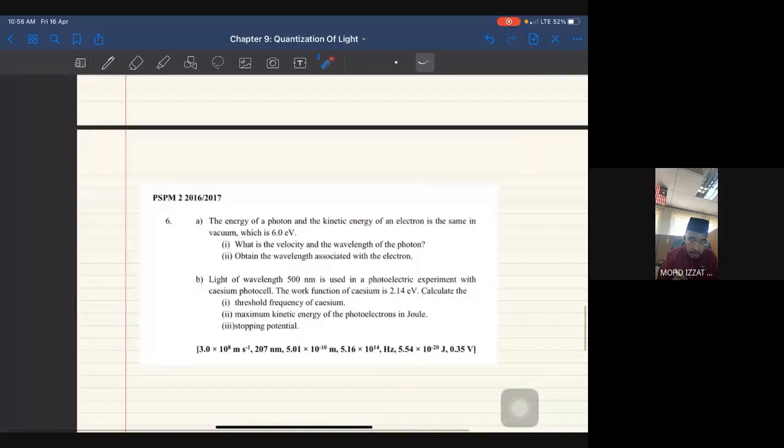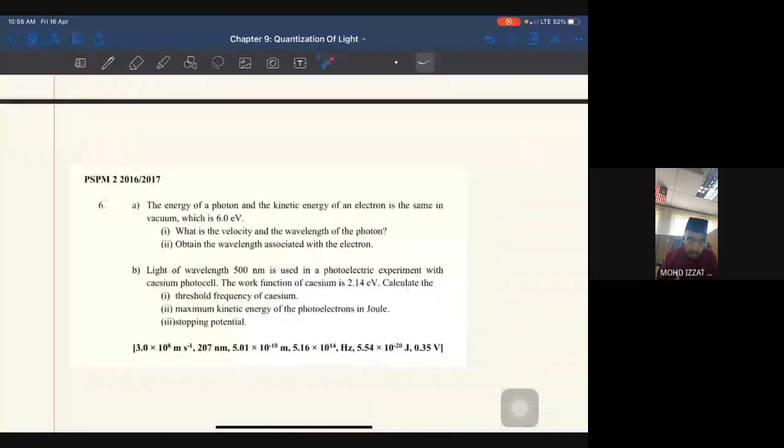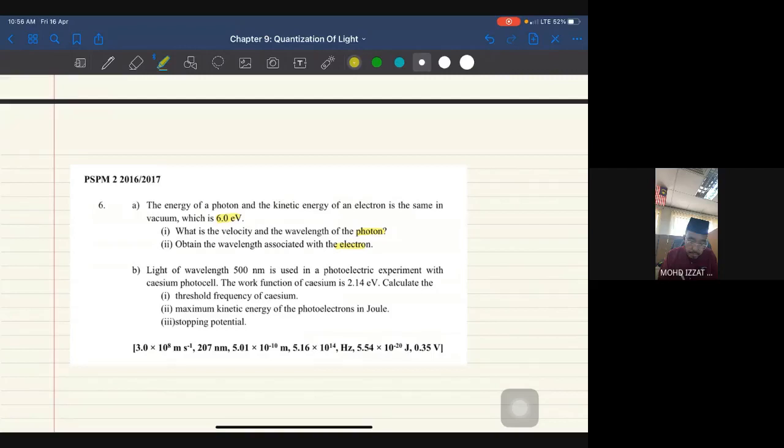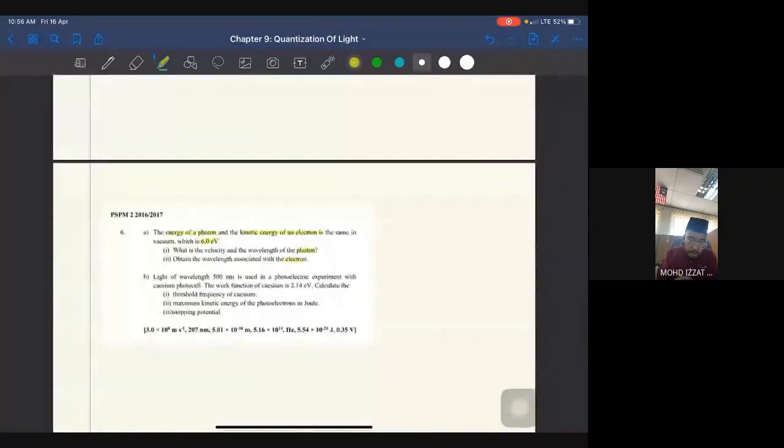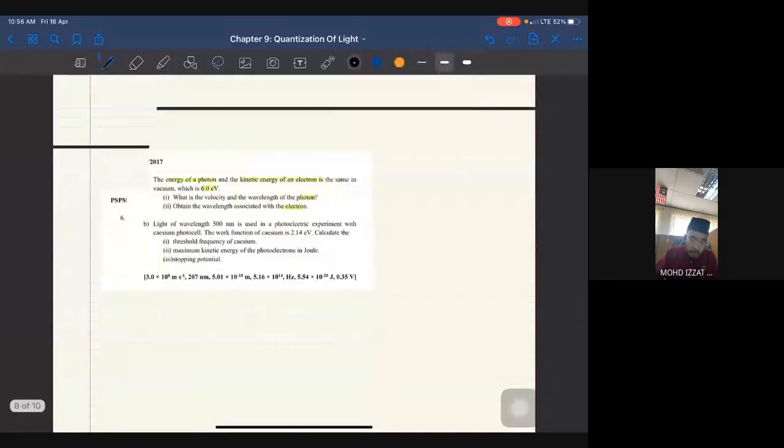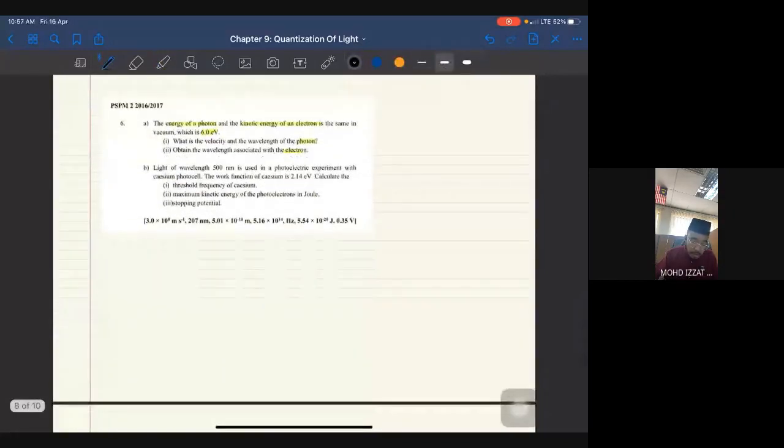Okay, they want you to relate the velocity of a photon and an electron. So basically this question, they want you to differentiate between photons and electron if you have the same energy over there. From question number 6A, what is the information that you can take out from the question itself?